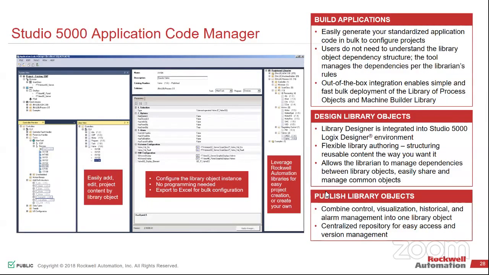And I'm staring at you guys, right? But from a system integrator and OEM standpoint, we all at some point would do this where, instead of having to create everything manually inside Studio 5000, we would export it to an L5K file, grab the stuff that we wanted, copy and paste, and import it back in. This is now giving you a graphical interface for doing all of that in the background, so you don't have to do it manually.